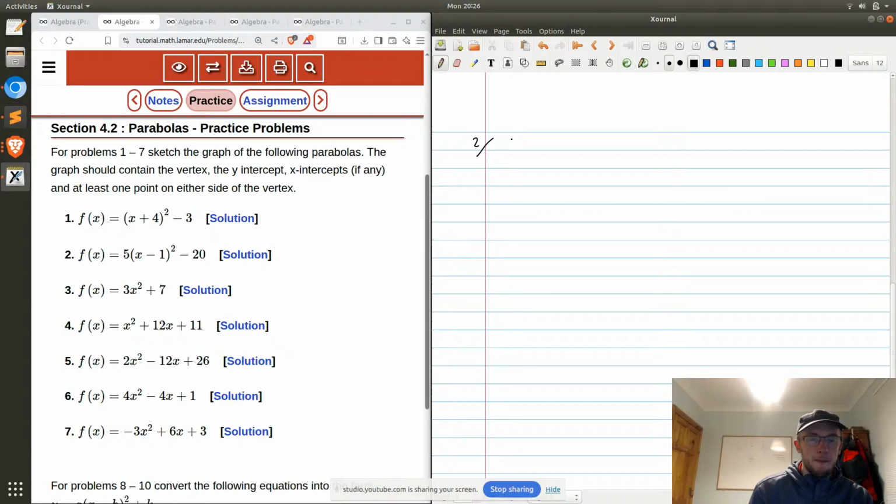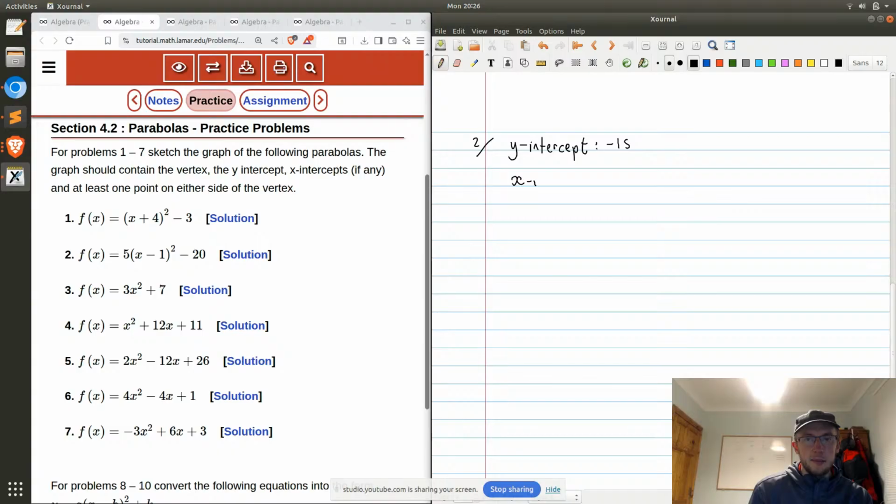Now, the y-intercept, I think I can just get that straight away. I square this out, I get 1, times that by 5 to get 5, take away 20 to get -15. So I think that comes very quickly.